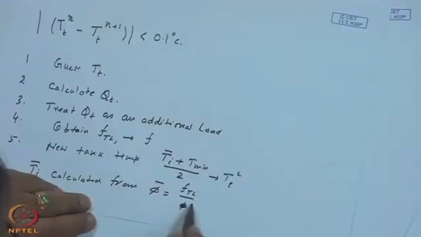F T L by Y, I am sorry. So, this process is continued iterating n number of times until the temperature difference between what you have assumed to be the tank temperature and this final average tank temperature, which is an average between upper estimate and lower estimate of the losses, is pretty close. So, now the procedure is clear, which shall become even more clear when we solve one example a little time later.